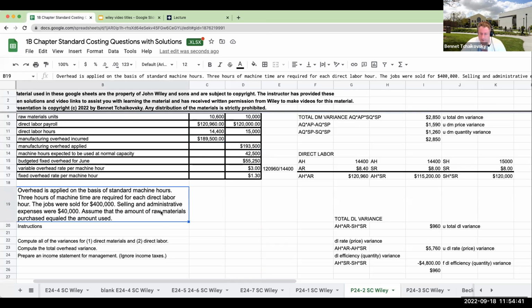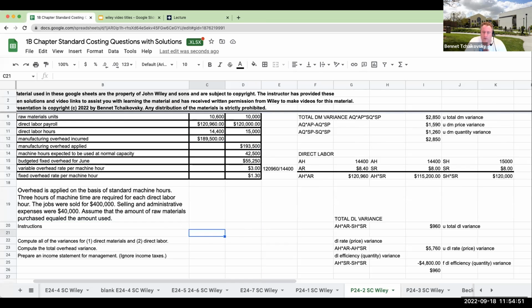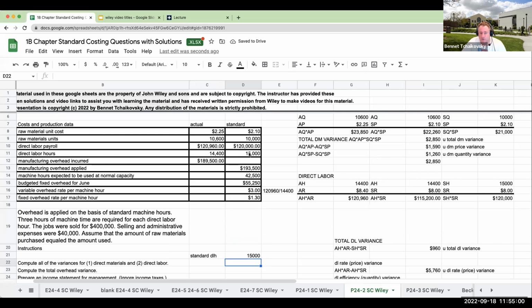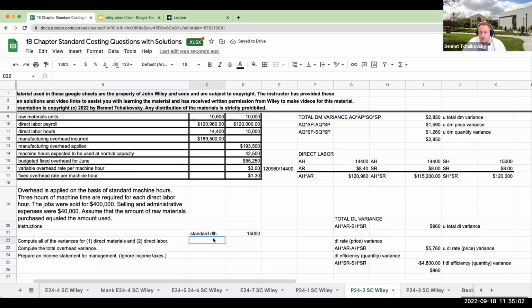So if you look over here, overhead is applied on the basis of standard machine hours. 3 hours of machine time are required for each direct labor hour. Okay, so my standard direct labor hours were 15,000. That's given to me in the question. Machine hours per direct labor hour are going to be 3.